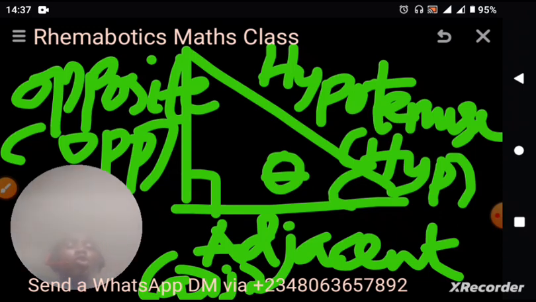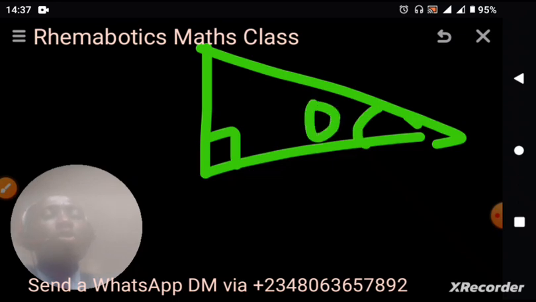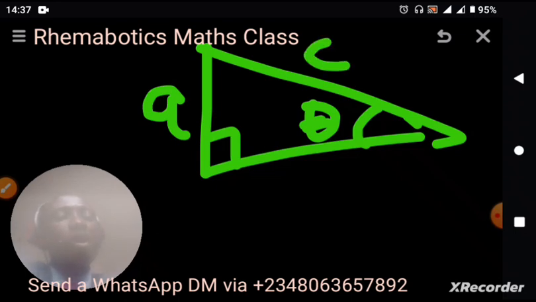So this is the basics you need to know when it comes to trigonometrical ratios. Now we are going to do a very simple example to apply the trigonometrical ratios I've mentioned. Let's say we have A here, we have C here, and we have B here.